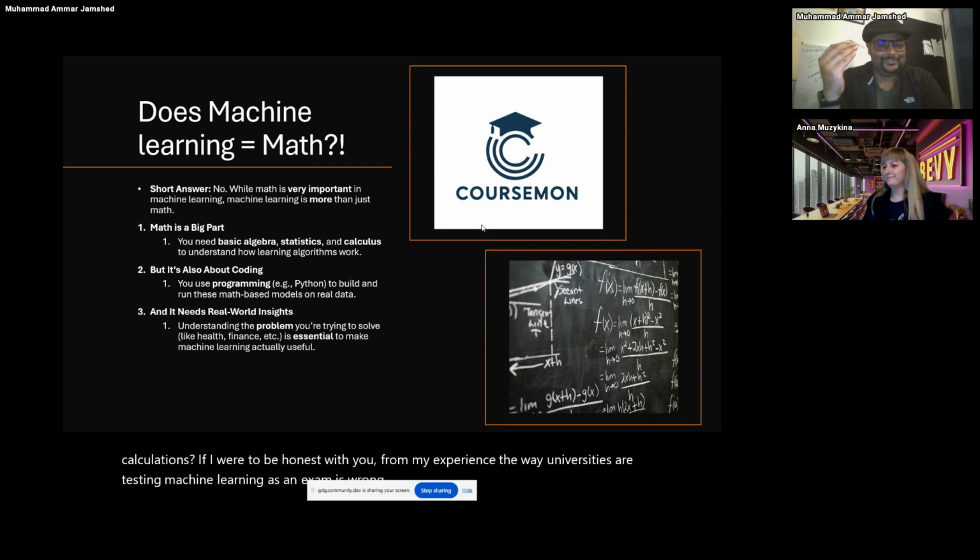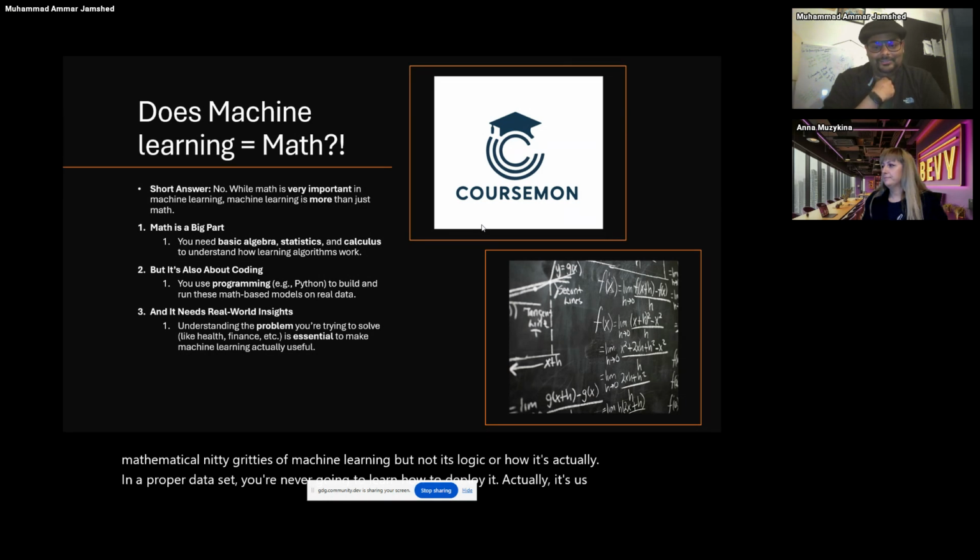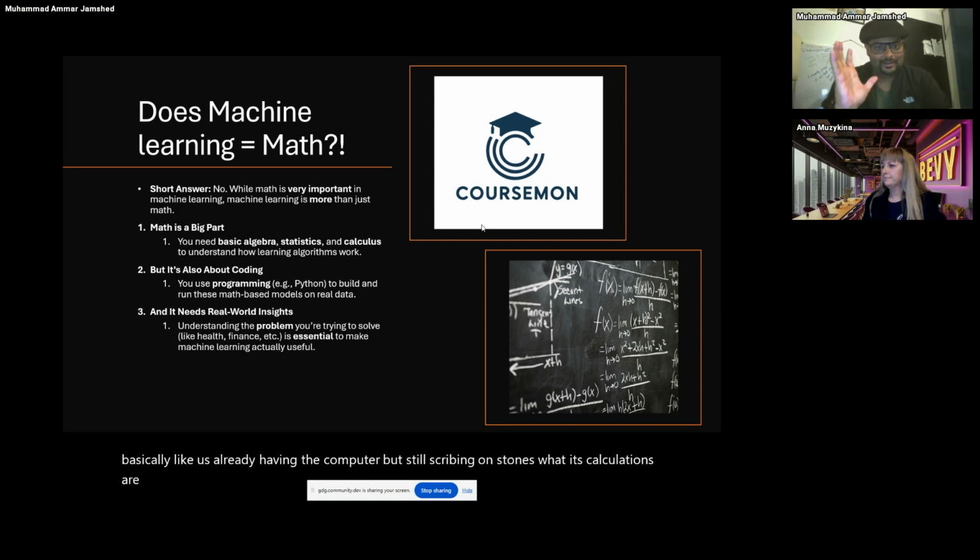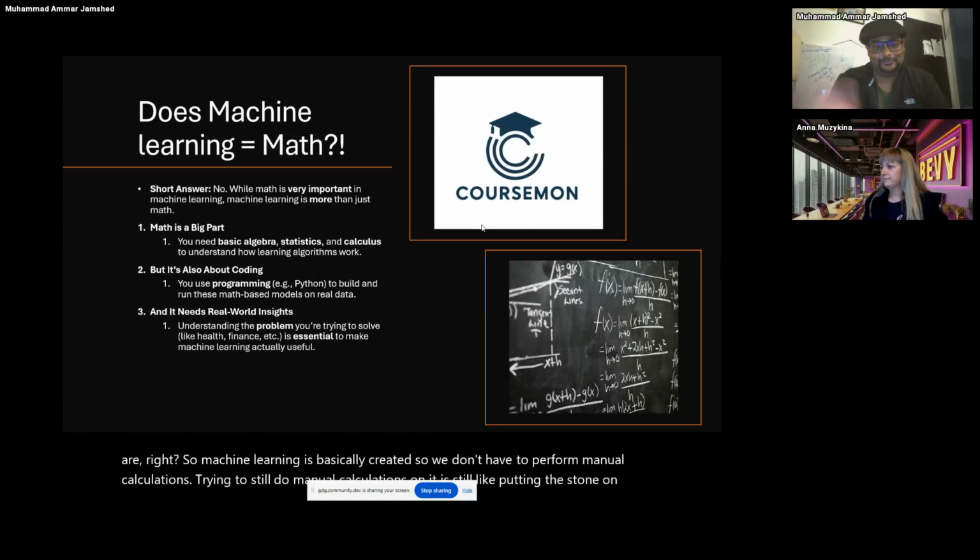Because if you only understand the mathematical nitty gritties of machine learning, but not its logic or how it actually works on a proper data set, you're never going to learn how to deploy it. It's like already having the computer but still scribing on stones what its calculations are. Machine learning was created so we don't have to perform manual calculations. Trying to still do manual calculations is like putting the stone on the computer, at least to me. Everyone has the right to their own opinions on this.